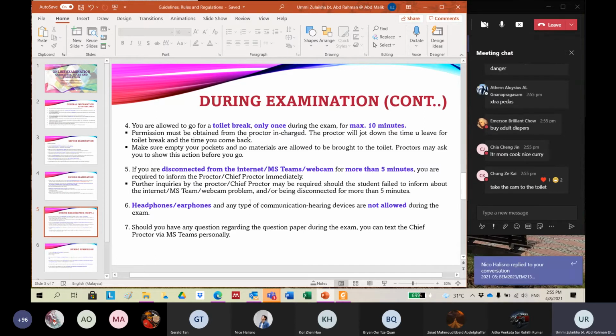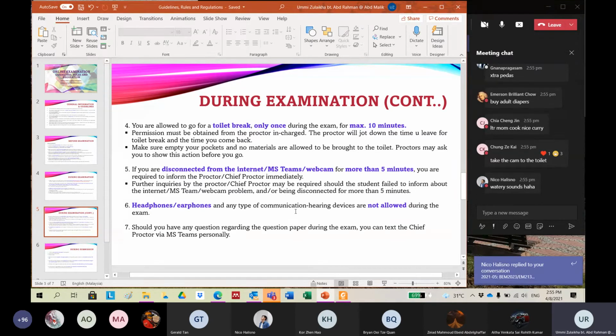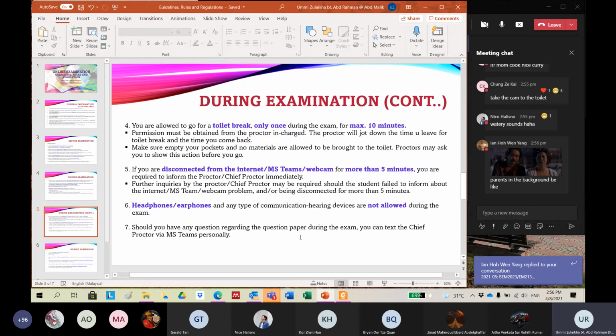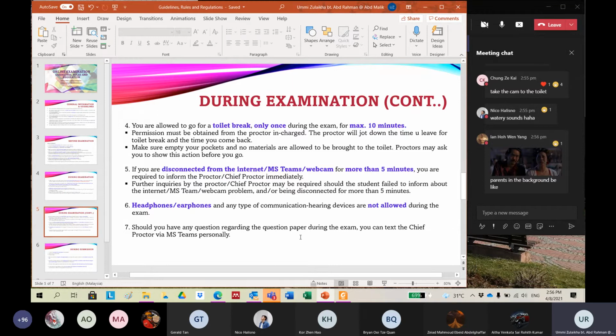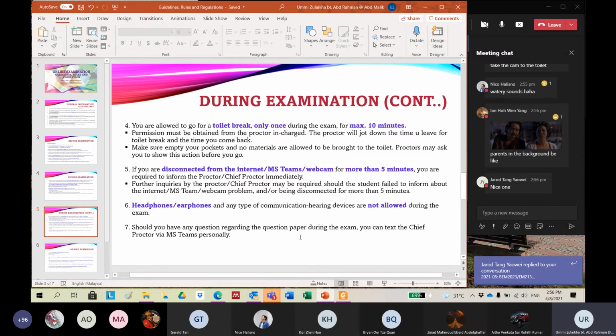If you are disconnected from the internet, so this one some students asked: if you are disconnected from the internet, MS Teams or webcam for more than 5 minutes, you are required to inform the proctor and chief proctor immediately. Basically, I would like you to text me immediately through MS Teams.